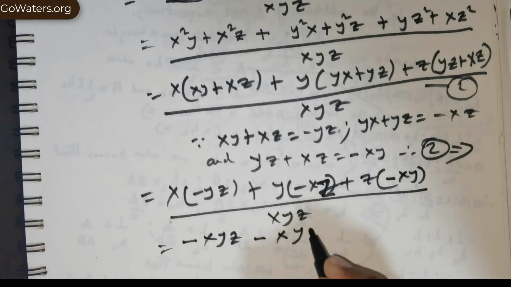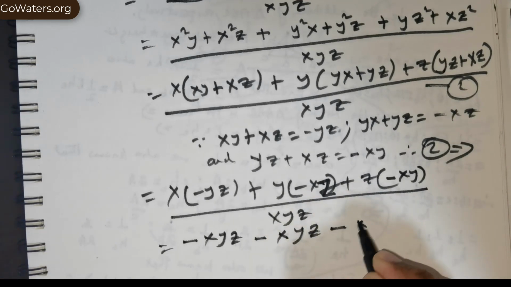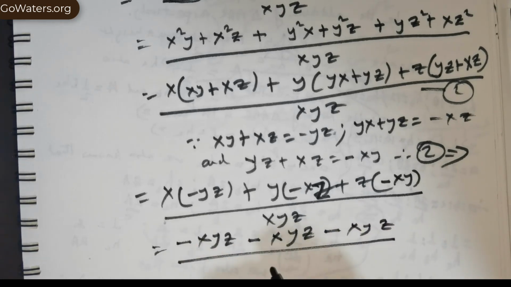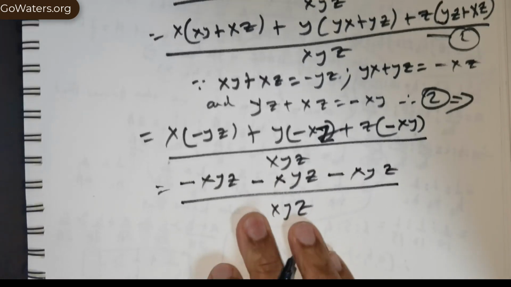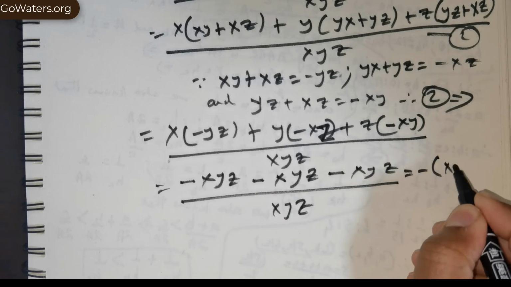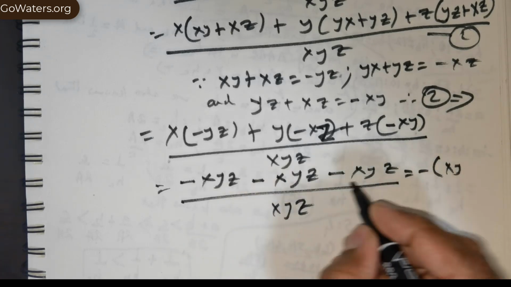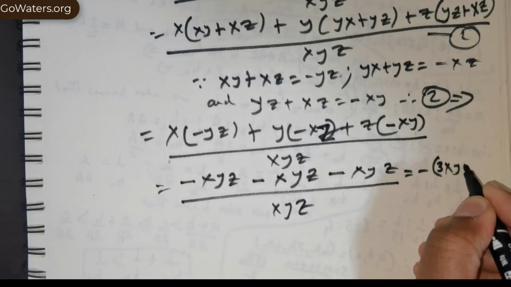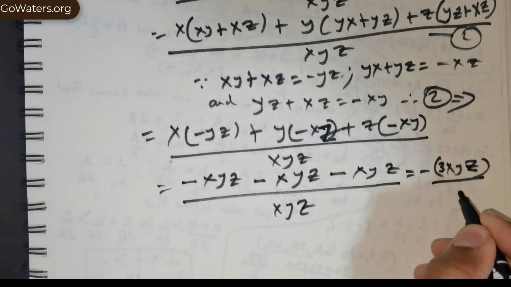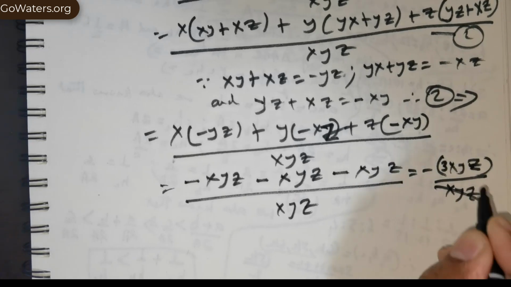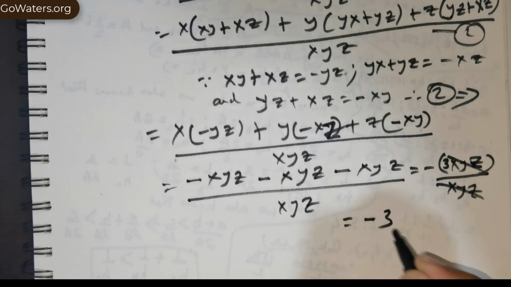So this is going to be negative xyz, negative xyz, negative xyz divided by xyz. If you take the negative sign out, I get 3 times xyz divided by xyz. So xyz gets cancelled, giving me negative 3.